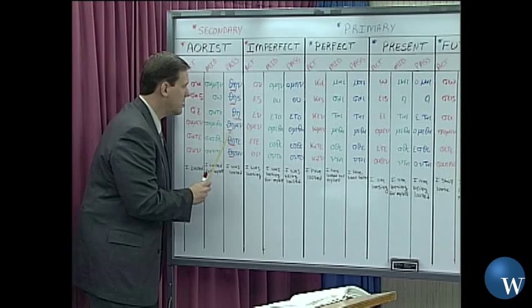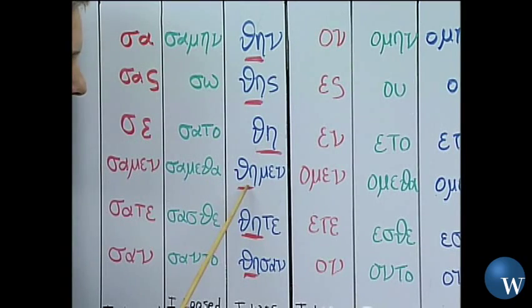Even though it's a little different because of the rules of contraction and what happens to vowels when they meet certain consonants or vowels, and they lengthen, this looks a whole lot like amen, doesn't it? First person plural in the present active indicative. OA say amen, amen. See, you can see it there. And ete looks a whole lot like second person, and this looks a whole lot like third.